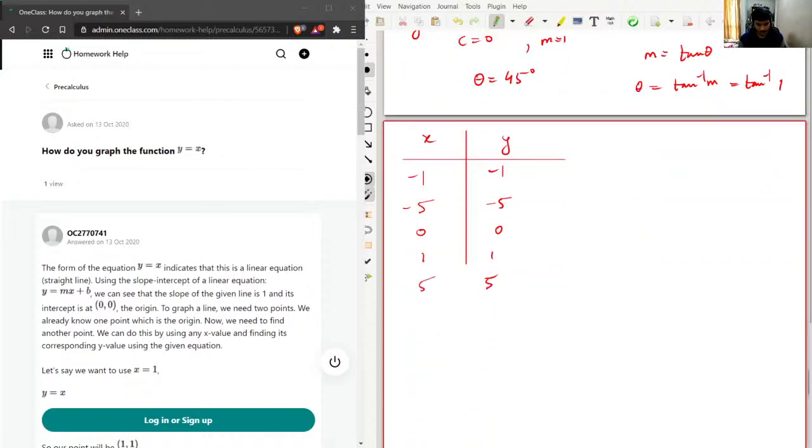For now I'm going to draw the axis system. This is y, this is x, this is the origin 0. Now from the first method I can just draw a straight line from the origin, which is making an angle of 45 degrees with the positive x-axis.